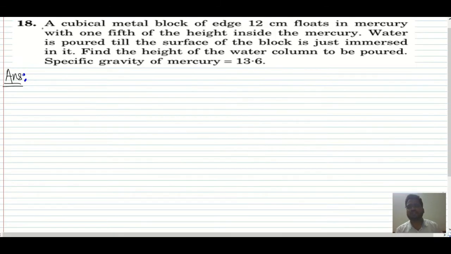Now see, in this 18th question, a cubical metal block of height 12 centimeter floats in mercury with 1/5 of the height inside the mercury.